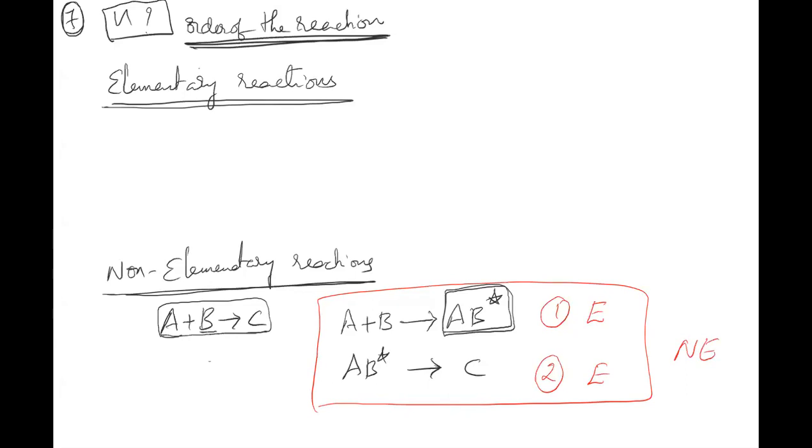So non-elementary reactions means reactions don't occur as you see or as you look at the reaction. I'm looking at the reaction as A plus B gives C, but in reality A plus B gives AB star and AB star gives C. That is a non-elementary reaction. On the contrary, an elementary reaction is A plus B gives C, where in reality A molecules and B molecules combine and form C molecules.